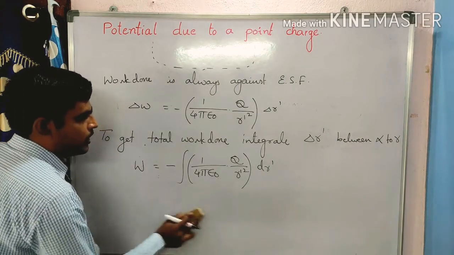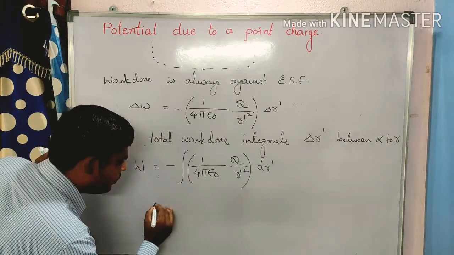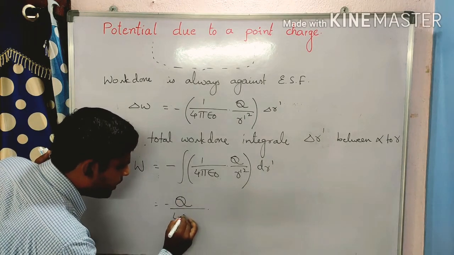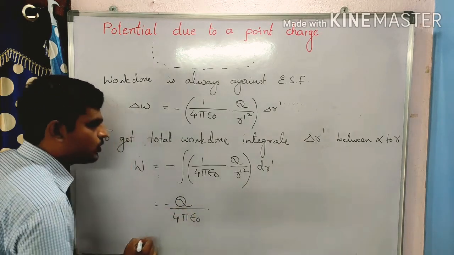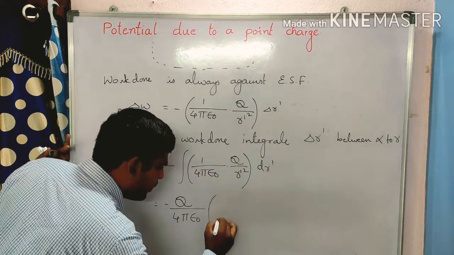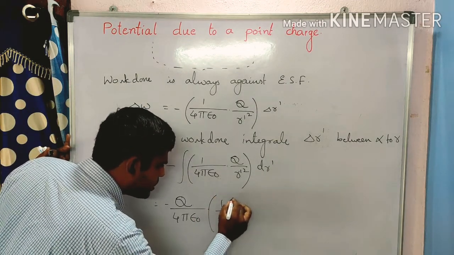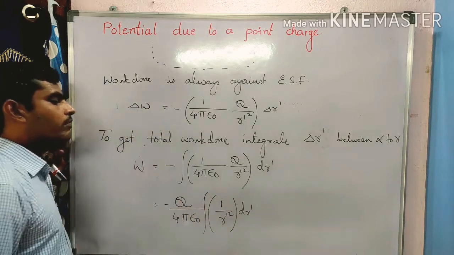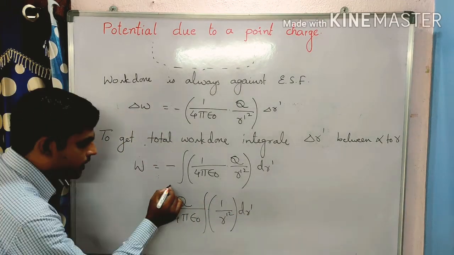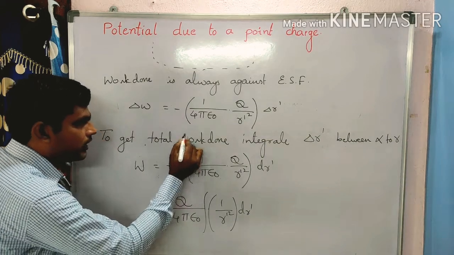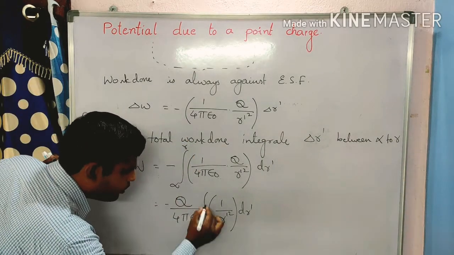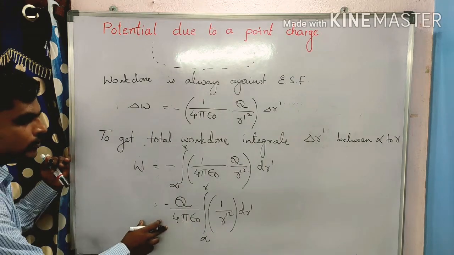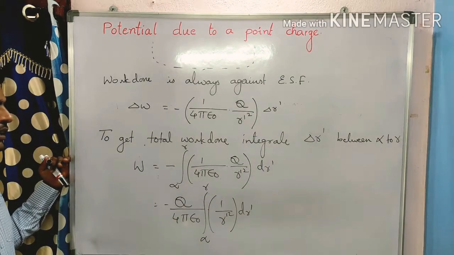The term Q by 4 pi epsilon naught comes out; we are not integrating it. Now 1 by R dash square d R dash is what we integrate, from infinity to r.